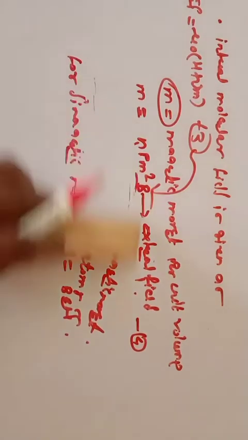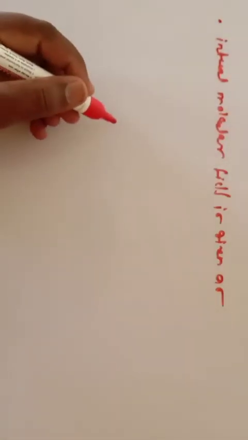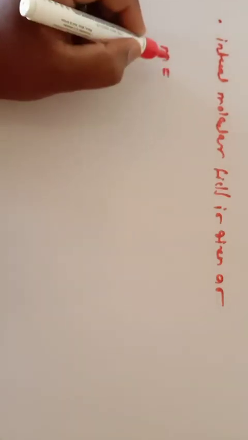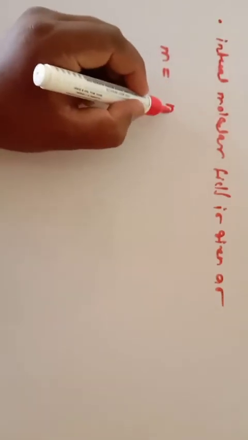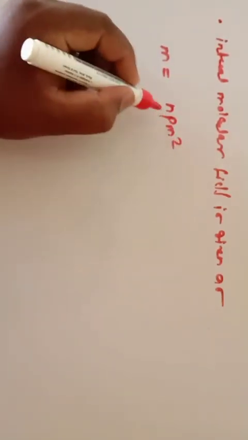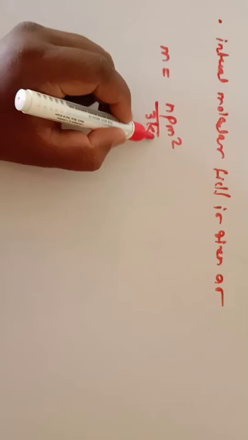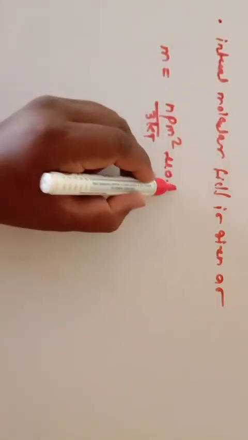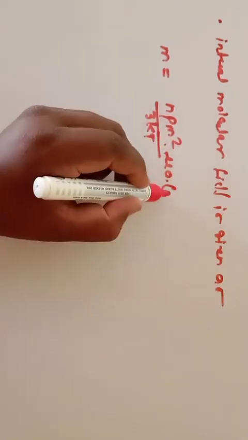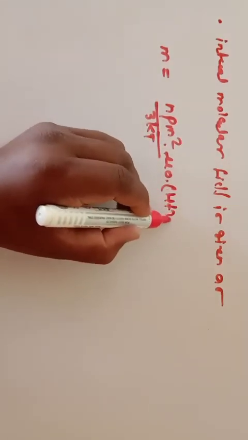So we get M, the magnetic moment per unit volume, equal to N Pm square upon 3kT, and instead of B we write mu 0 in bracket H plus gamma M. So we get this equation.